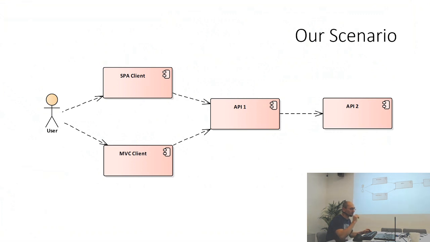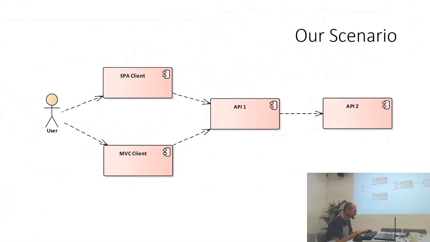I will just go back to our scenario, because I told you that I want to detail 2 major flows in OpenID Connect we can use to secure this scenario. So what I actually did is prepare an ASP.NET Core solution, or .NET Core solution, for this. I prepared a demo application which has these components.